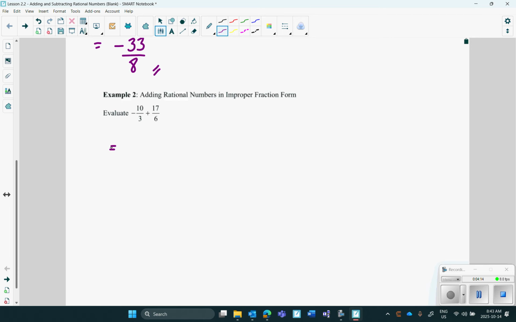So what does this look like when you go to common denominators? Negative 20 over 6 plus 17 over 6 equals negative 3 over 6, which is negative 1 over 2. Yeah, that's it.